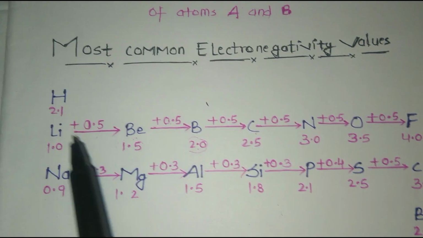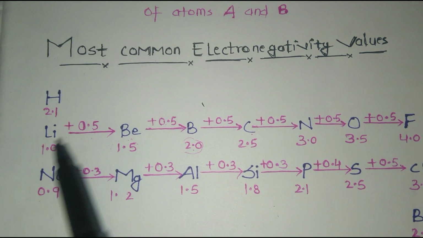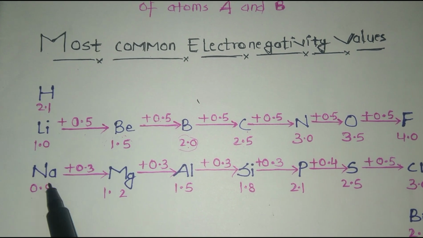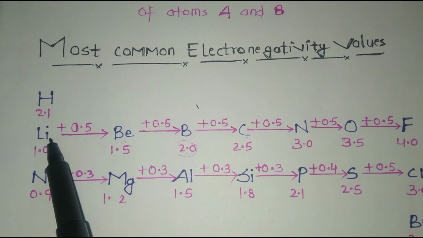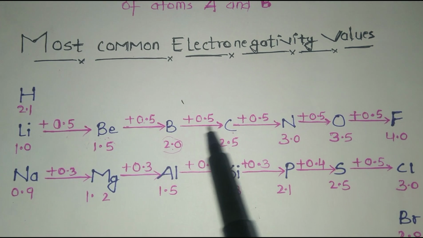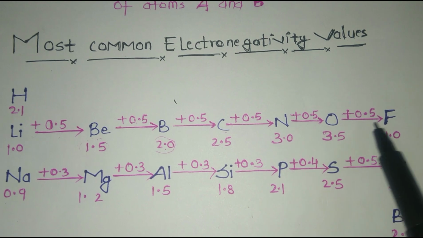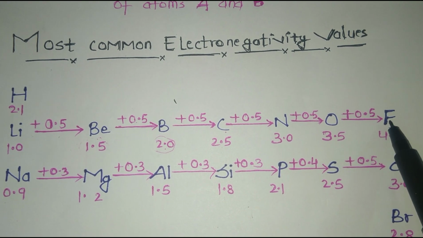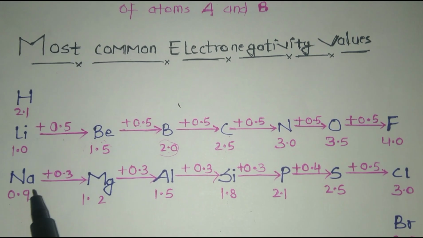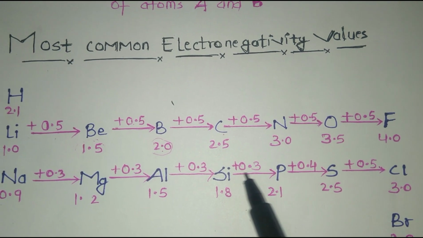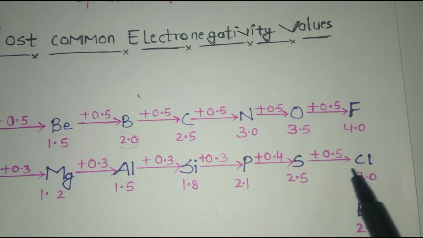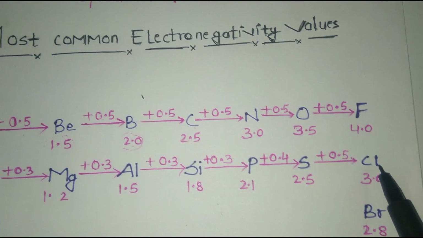So I have first group hydrogen, lithium, sodium. And I have second period lithium, beryllium, boron, carbon, nitrogen, oxygen and fluorine. And I have also a third period sodium, magnesium, aluminium, silicon, phosphorus, sulfur and chlorine.